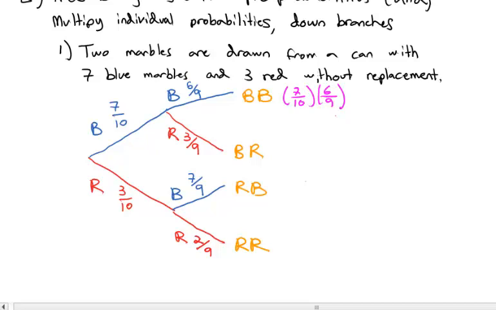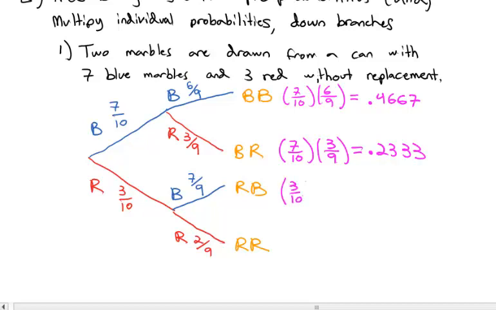When we do that, doing it on the calculator, 7/10 times 6/9 is 0.4667. Blue-red, the probability of a blue is 7/10. The probability of a red is 3/9. And when we do that on the calculator, we get 0.2333.